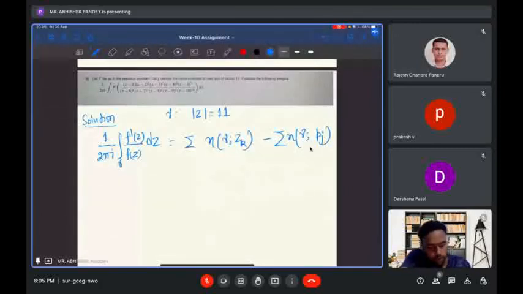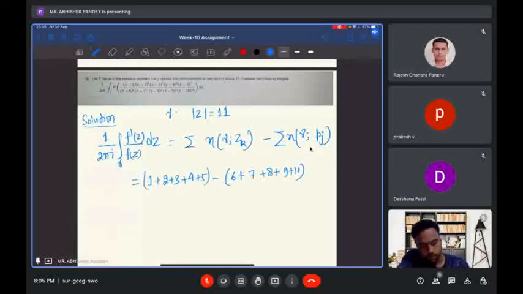Now can you tell me what the zeros are, counting multiplicity? Here we will get 1 plus 2 plus 3 plus 4 plus 5 minus 6 plus 7 plus 8 plus 9 plus 10. So this will be 15 minus 40 and you will get minus 25. So the answer is minus 25.